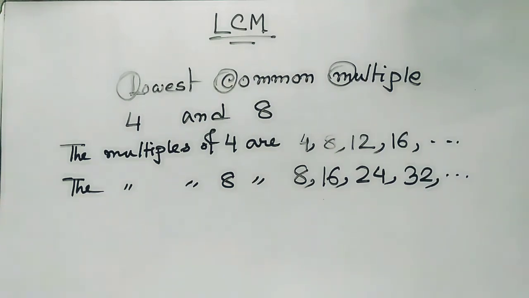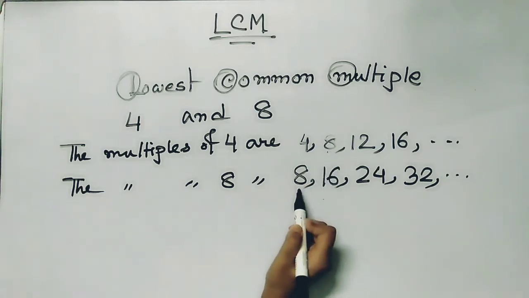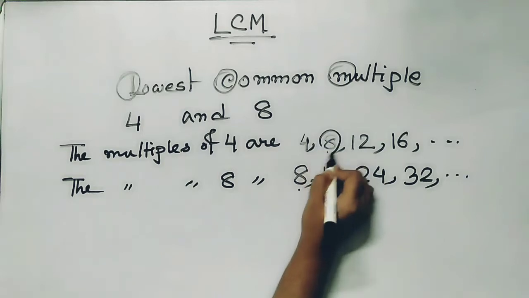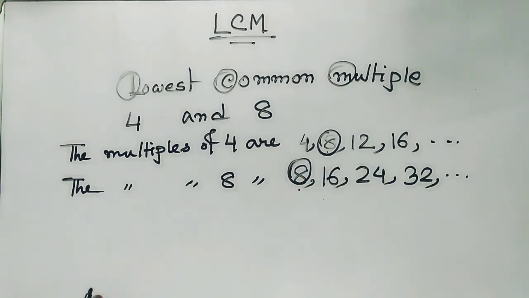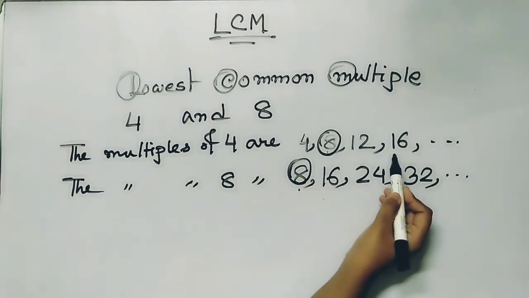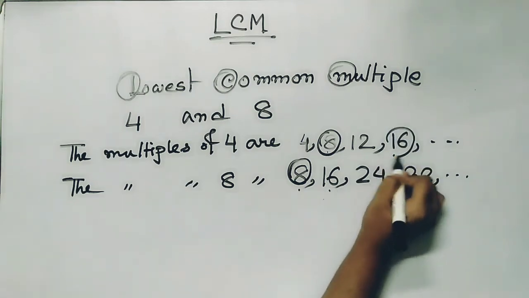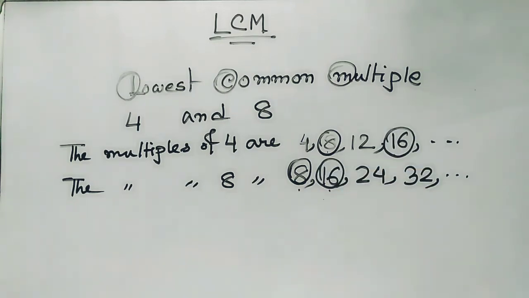Now what are the common multiples? See, 8 and 8. So 8 is a common multiple. Again here 16 and here also 16. So 16 is also a common multiple. Now remember that the lowest common multiple of two or more numbers is the smallest number which is a multiple of each of the numbers.